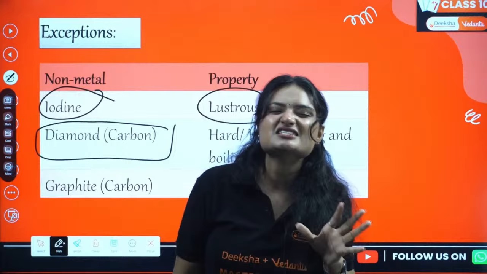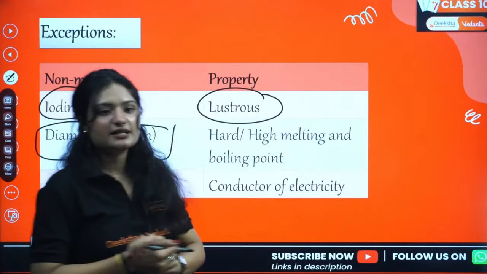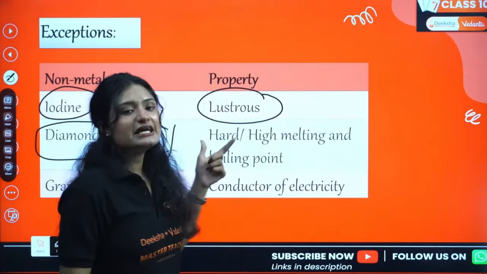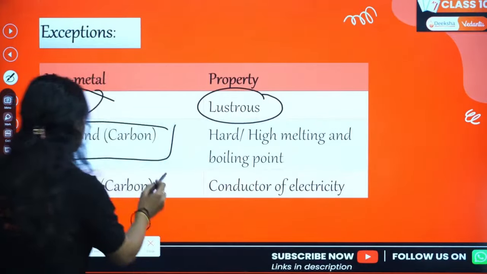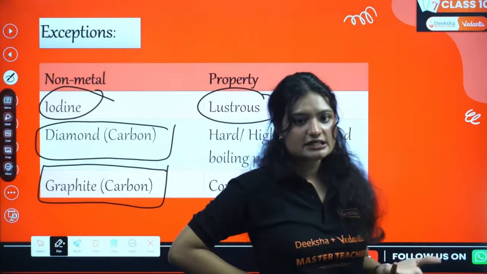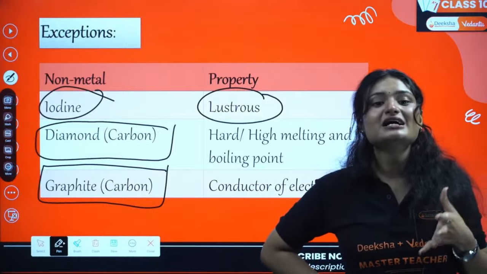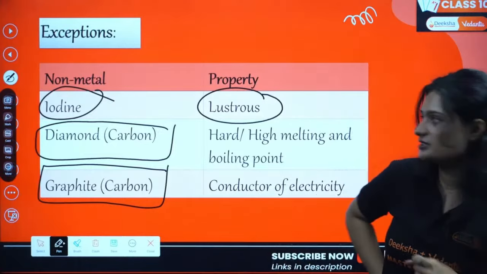It is one of the hardest substances known to humankind, okay? So focus on the exceptions more. Next is graphite. Non-metals are supposed to be bad conductors of electricity, right? But graphite, which is made up of the non-metal carbon, is a good conductor of electricity, my dear kids.